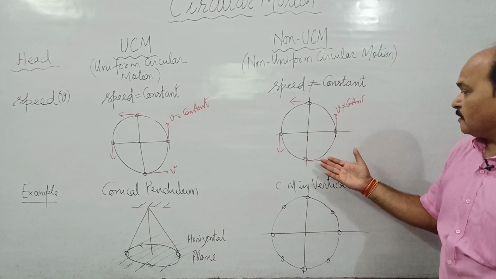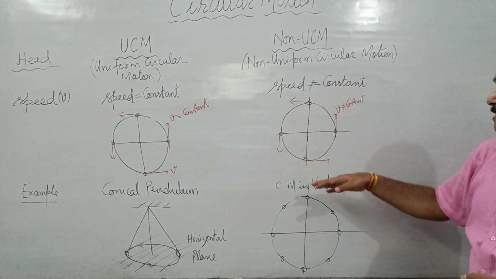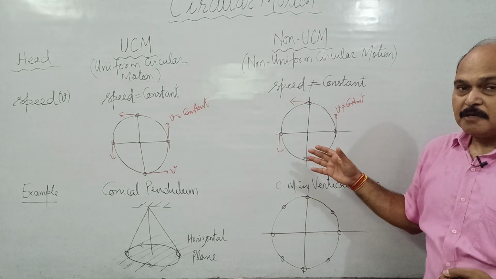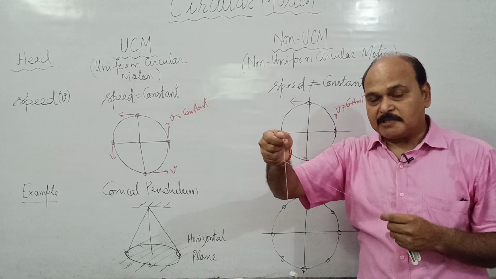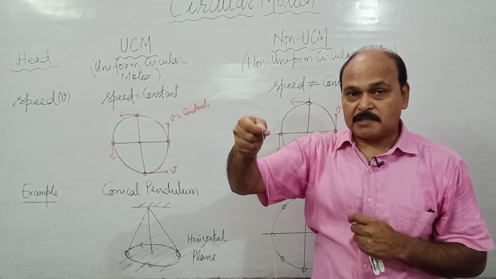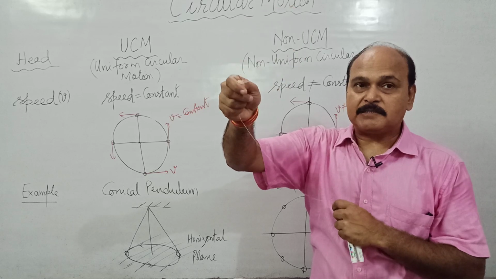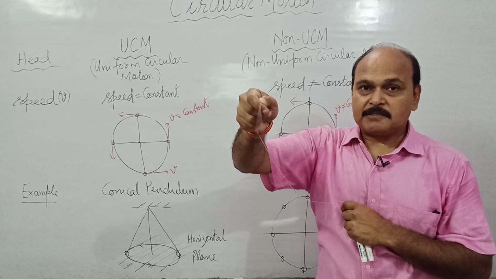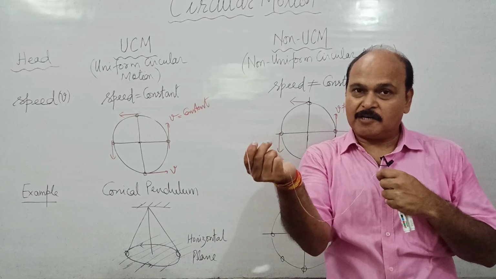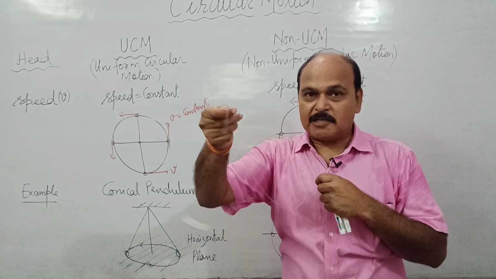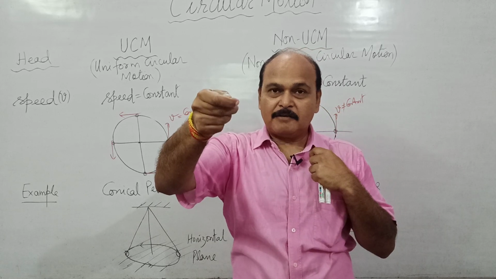Whereas in non-uniform circular motion, the speed is a variable. And the example is what? Again, the same bob tied with a massless, inextensible string, if it moves on a circular path like this. Yeah, this is circular motion in a vertical plane. Or like this, circular motion in a vertical plane. So if the circular motion takes place in a vertical plane, what happens?